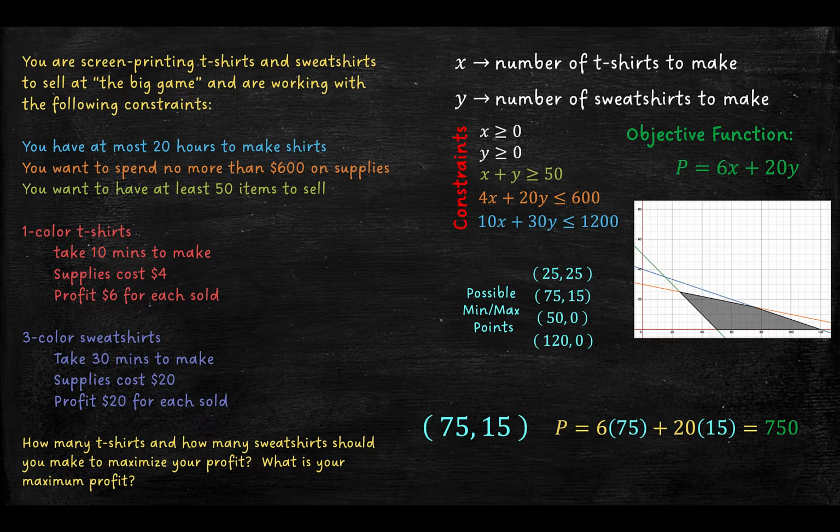We plugged those into our objective function for profit, and then figured out which of those points, not only what the maximum profit was at 750, but which point gave us that, and that was 75-15, or 75 t-shirts and 15 sweatshirts.